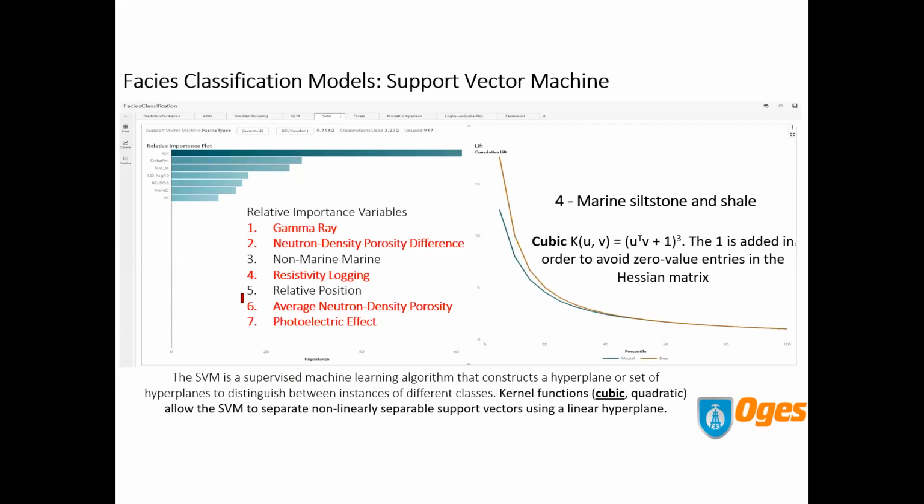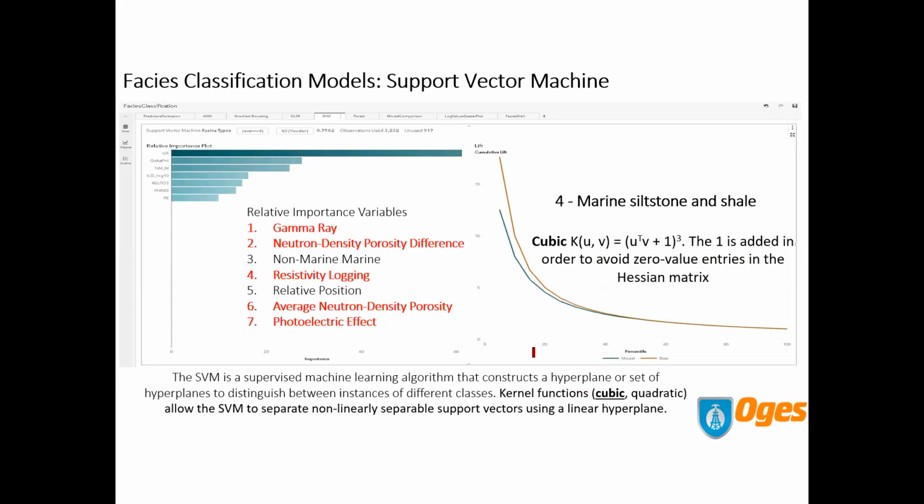Now, the feature vectors are the gamma ray and the bulk density, et cetera. So they're the features, and they throw the numbers into a vector and compute distances between the feature vectors. Many of these kernel functions exist, but in this case, we're using a cubic function. Again, that's the process I mentioned before.